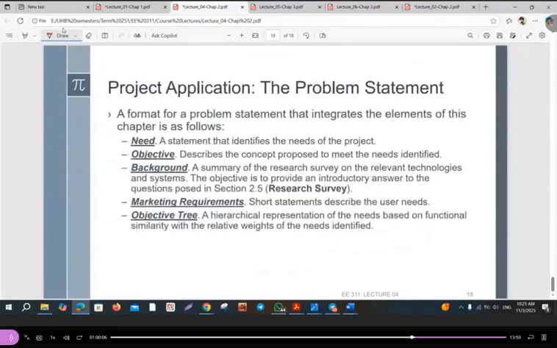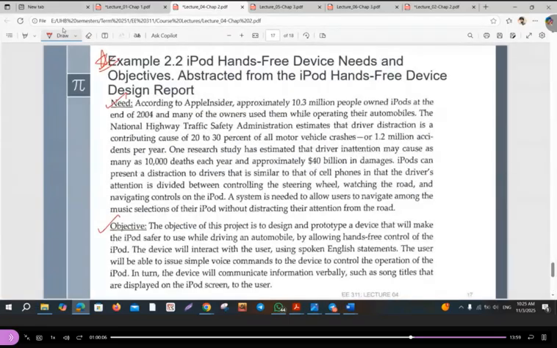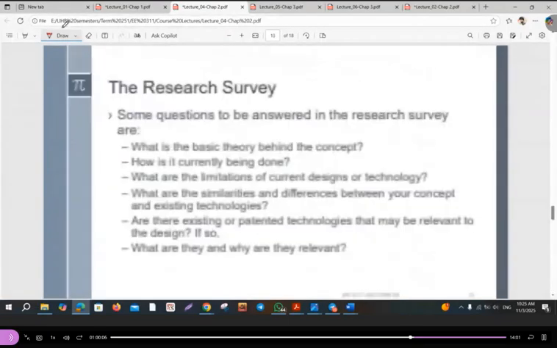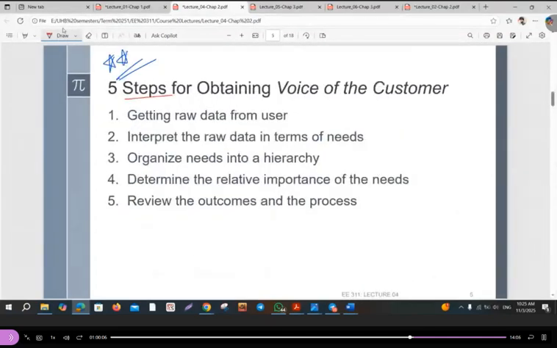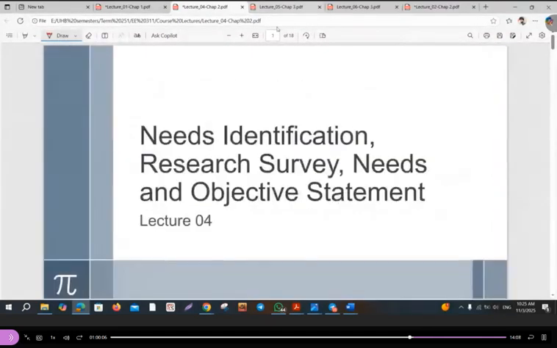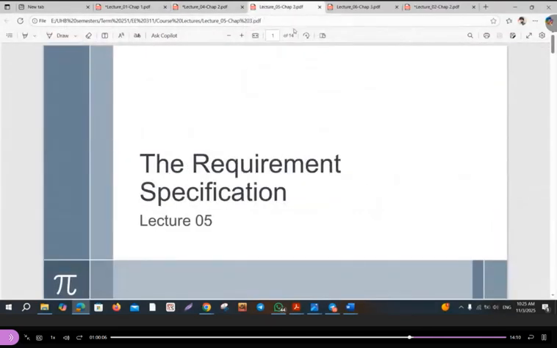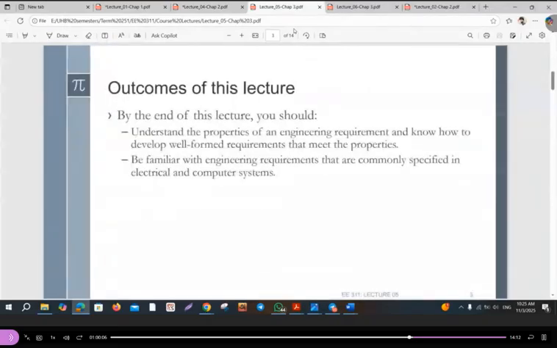Then 5, requirement specification. You should know this illustration. If you want to develop the system requirement, there are 3 main criteria you have to fulfill.